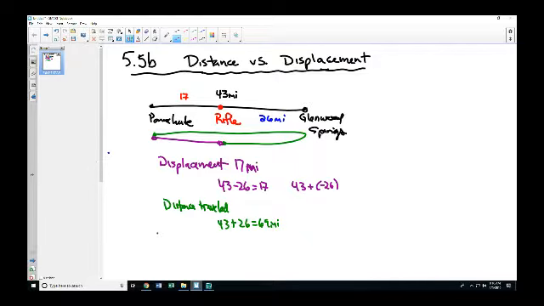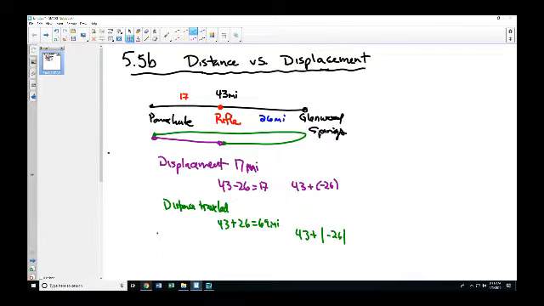Could I write distance traveled like this? Yeah, you can. Is that right? It's more right, but yeah. That makes sense. That's how we deal with this in function format, with absolute values.